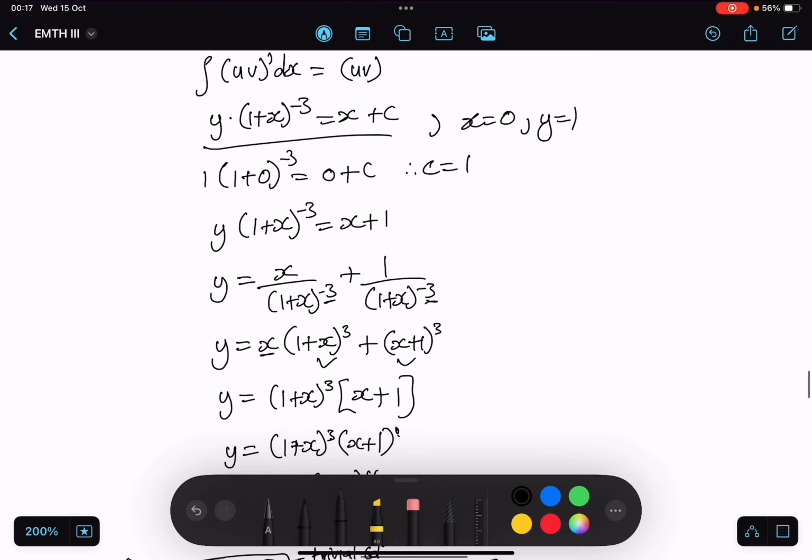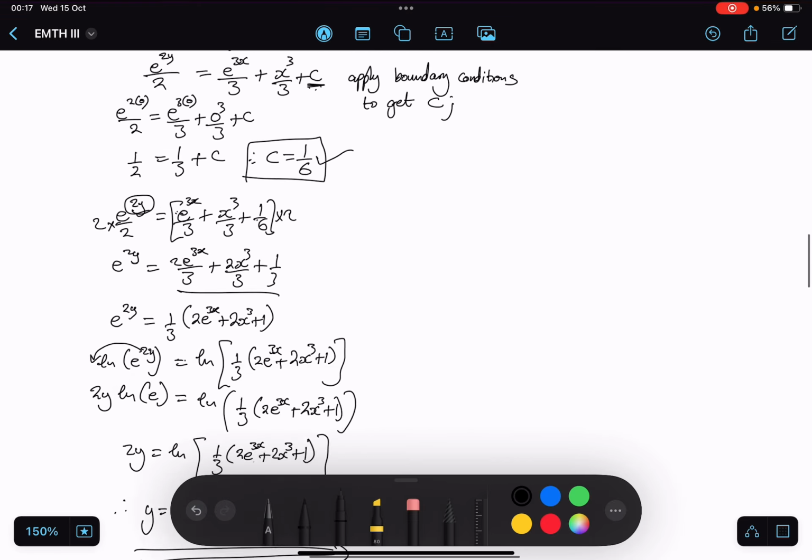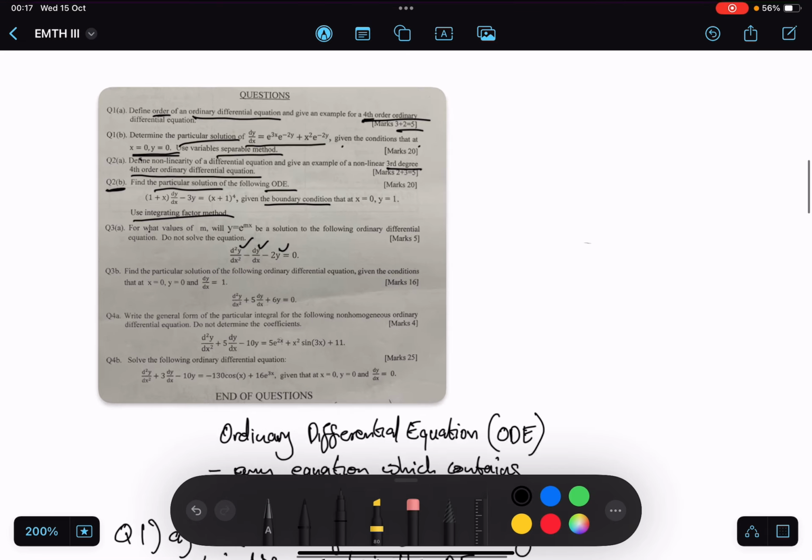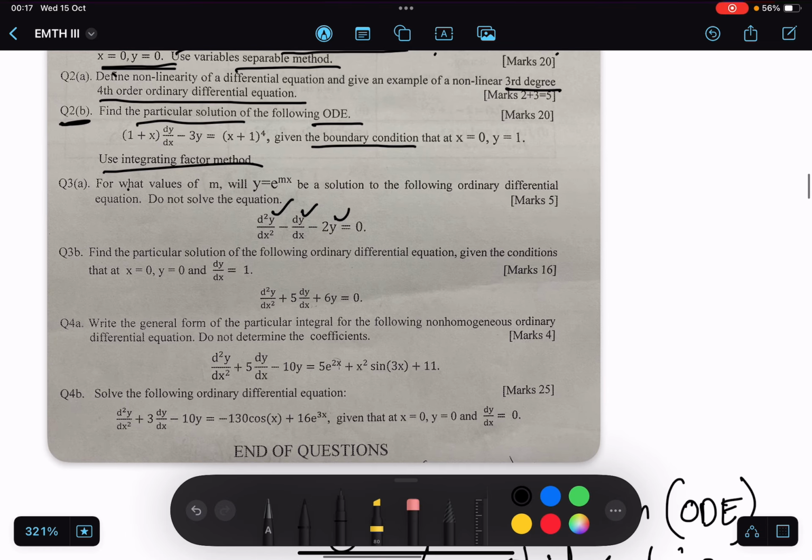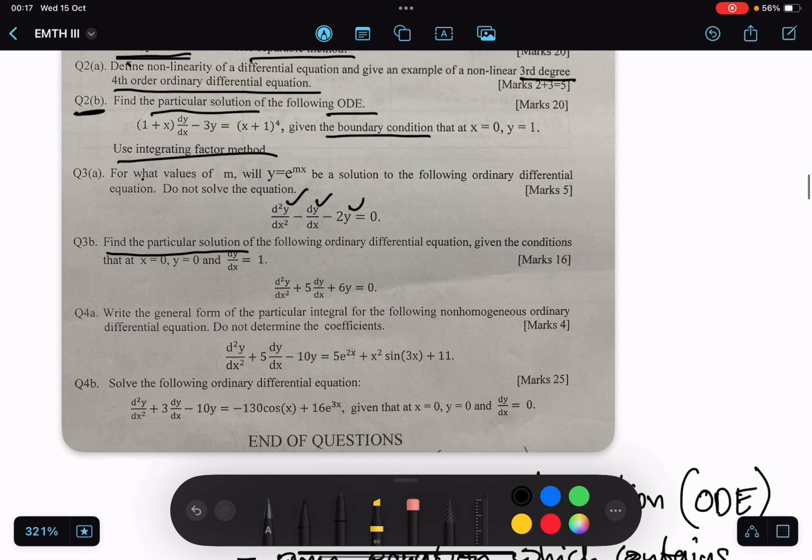So question 3b says find the particular solution for the following differential equations given the conditions. We're given the boundary conditions to be this.